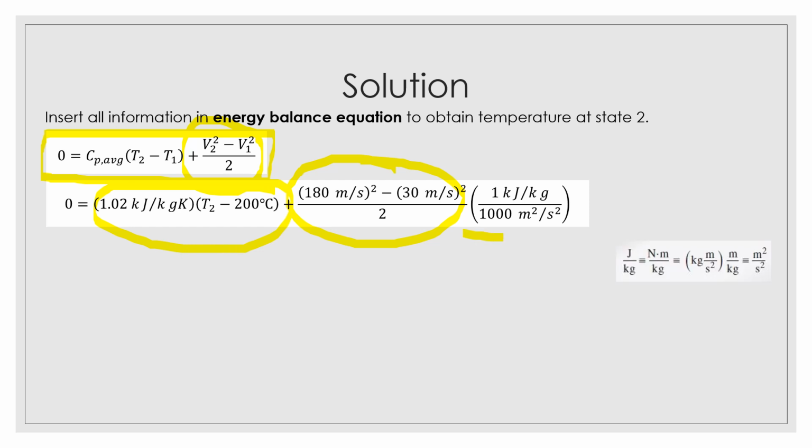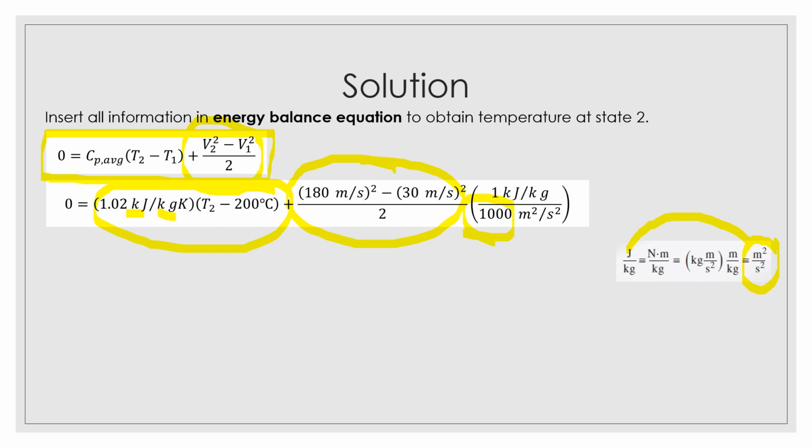So this is the conversion from the joule to the kilojoule for kinetic energy. Let's explain this one. Knowing that the velocity to the power of 2 equals meter square per second square, which refers to the unit of joule per kilogram. But from the Cp equation, we're using the kilojoule per kilogram.